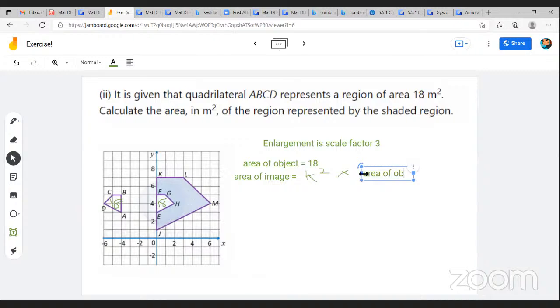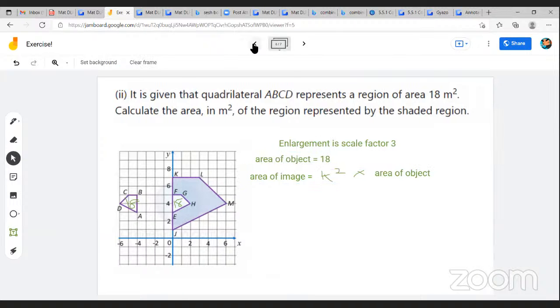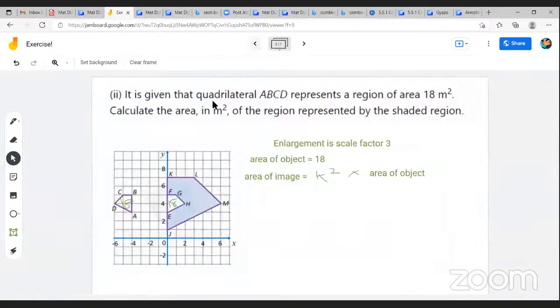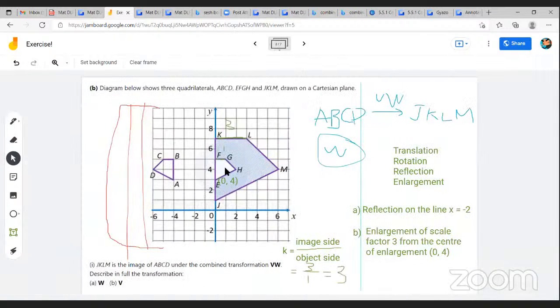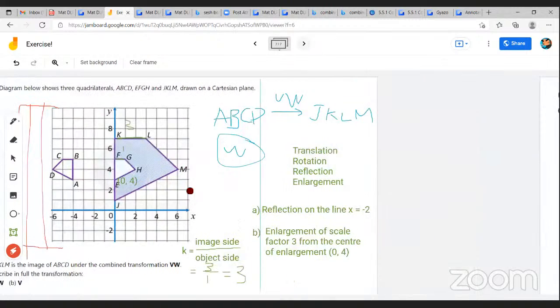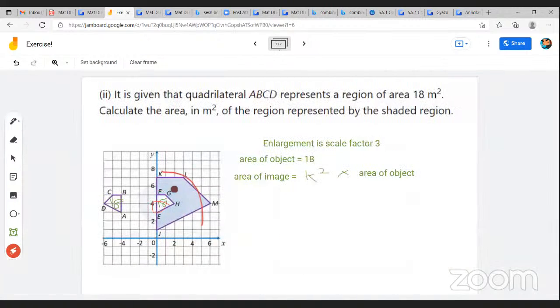We know that the image is JKLM, because once you enlarge this one, you get the bigger one, which is JKLM. So from here, we want to find the area of the object.